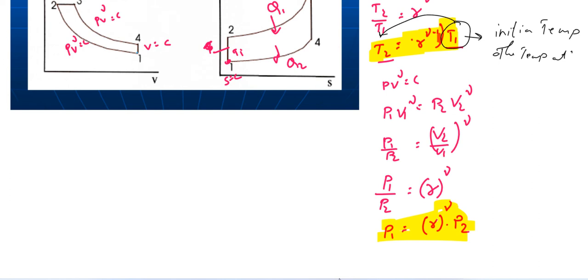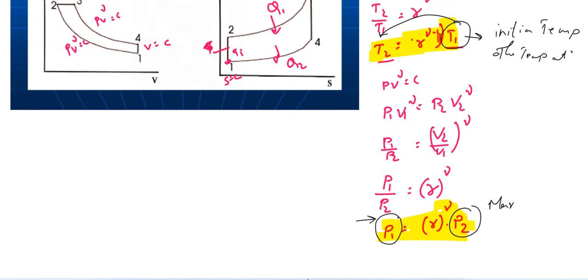And when we come to the pressure P1, they will give it in the question. Mostly they won't give P1, they will give P2 by telling maximum pressure.